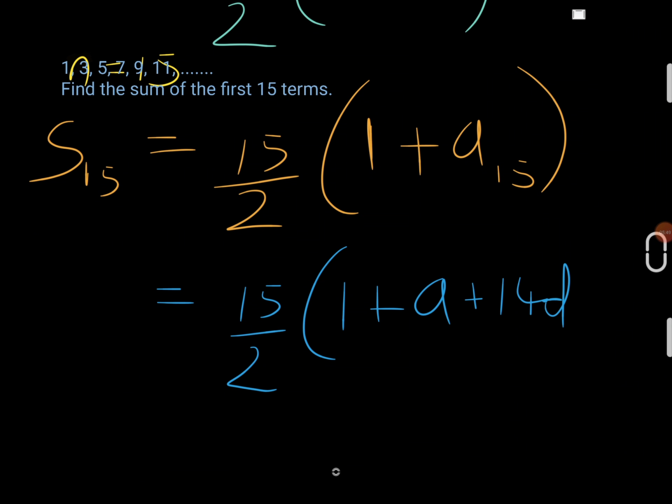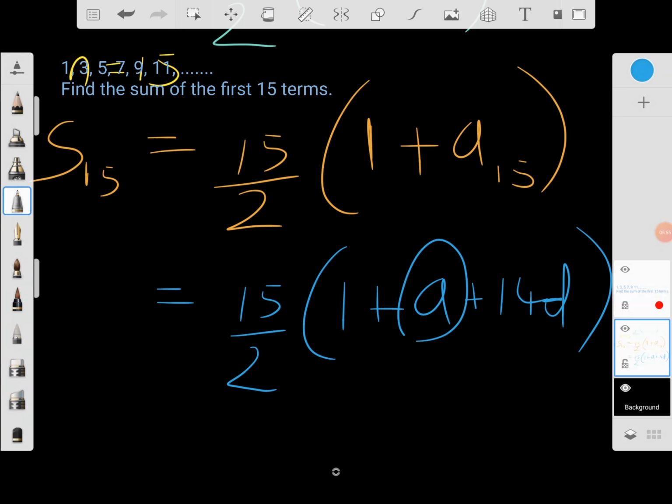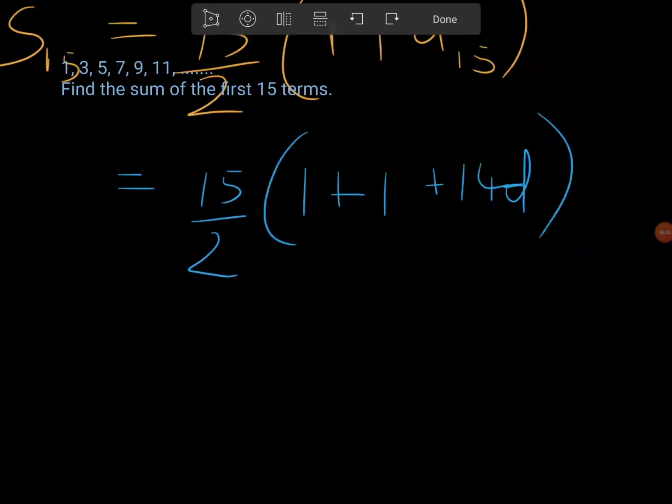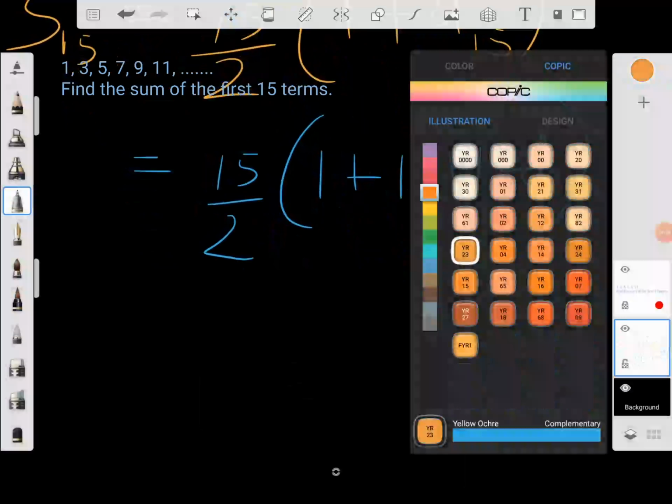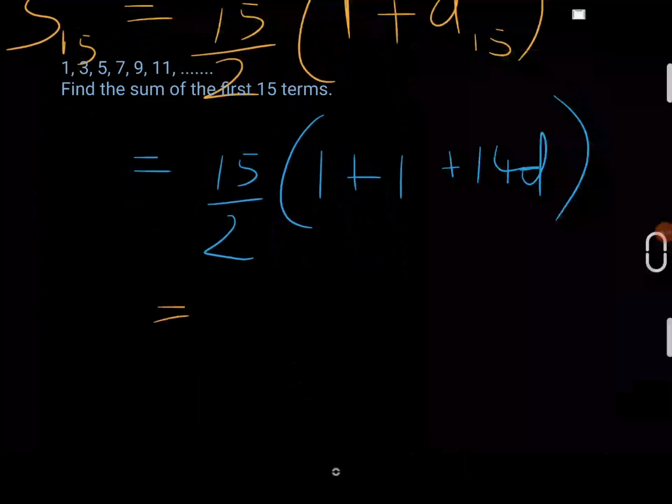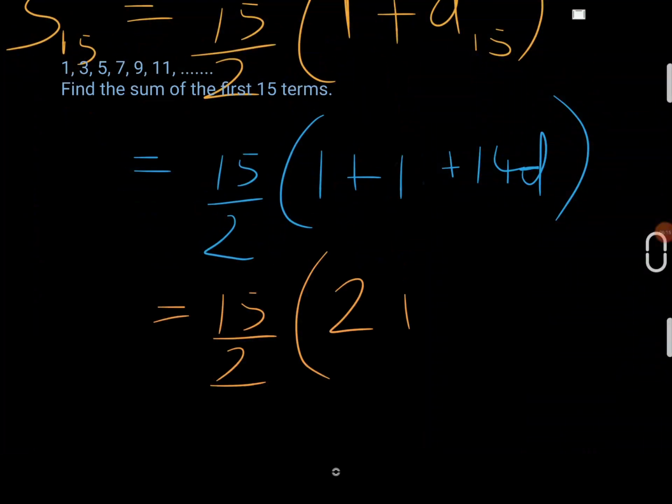Now, what is our a? a is our first term, that is 1. So this is equal to 15 divided by 2 into (1 plus 1, 2, plus 14d).